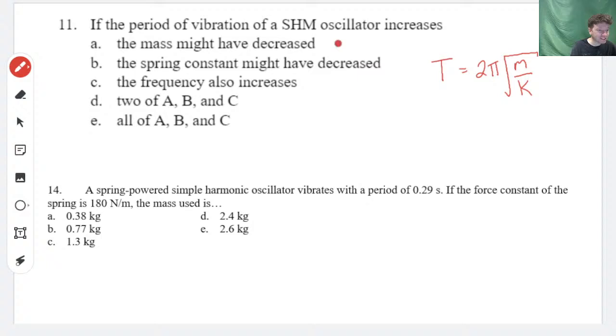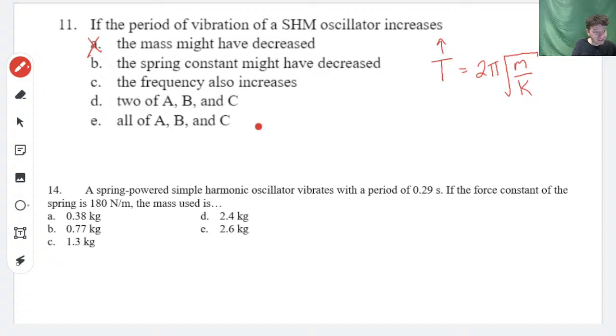So they're saying period increases. What are some possibilities for why that happens? A, the mass might have decreased. Is that possible? No. The mass is over here. They are directly related. If one increases, it's because the other increases. So if mass were to decrease, so would period. So this is no.